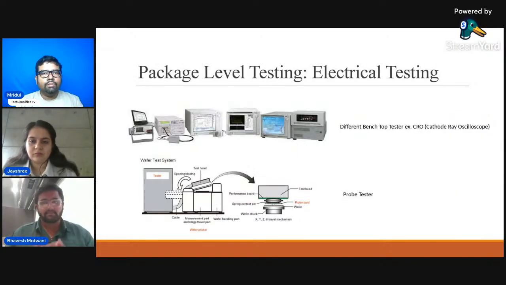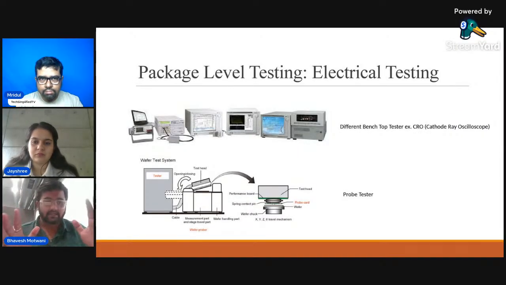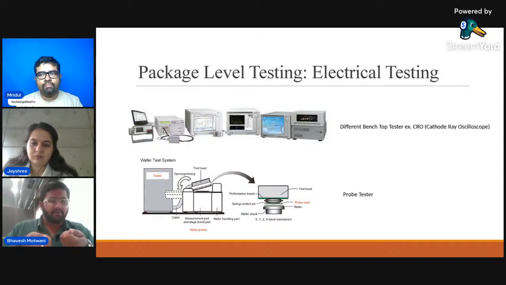Now package level testing, at an electrical testing level. Generally, for electrical testing, these are probe testers. As I said, electrical testing can be at wafer level and package level both. If we get a package, we can test it with the probe, that pencil kind of thing, apply the voltage and current, and try to understand the electrical behavior.